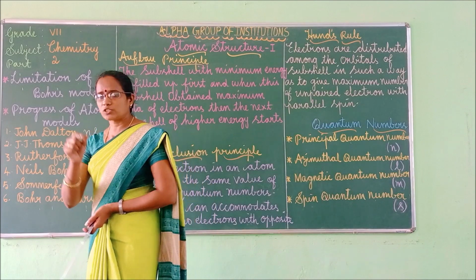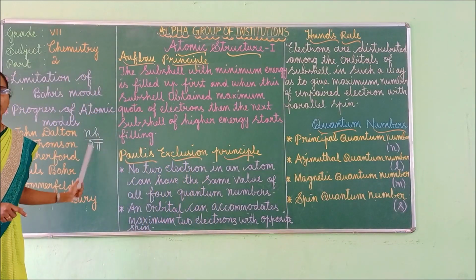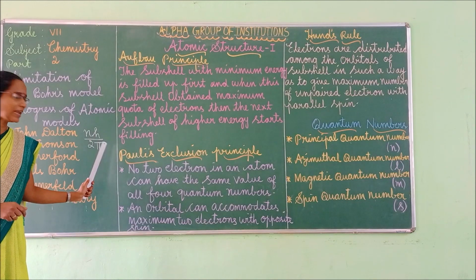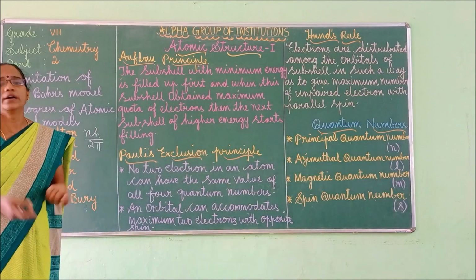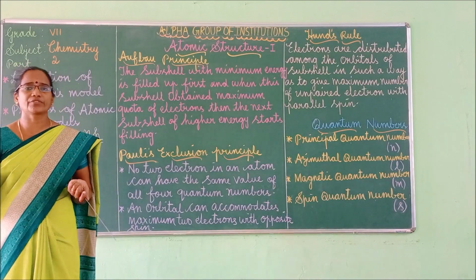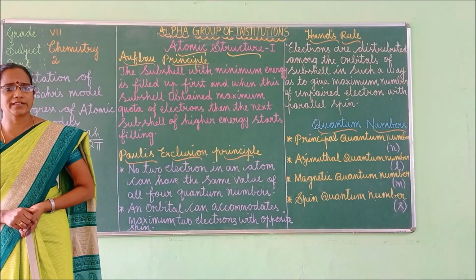So, L is equal to mvr, isn't it? Both are the same. Why the angular momentum of the revolving electron is equal to nh by 2 pi or mvr is not explained clearly by Bohr. Hence, it is one of the limitations of Bohr's atomic model, right?